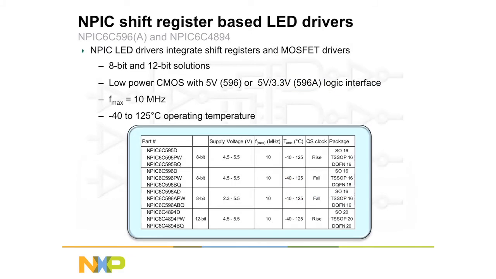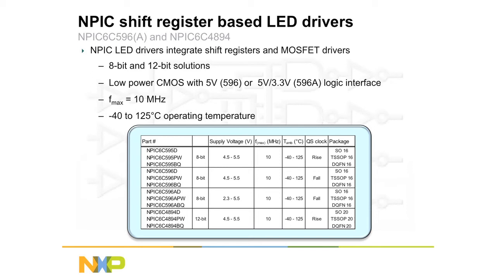The NPIC 6C595, NPIC 6C596, and the NPIC 6C596A are 8-bit solutions, and NPIC 6C4894 is a 12-bit solution. All of them include a serial output for cascading. Data is propagated through the shift register on the rising edge of input clock.